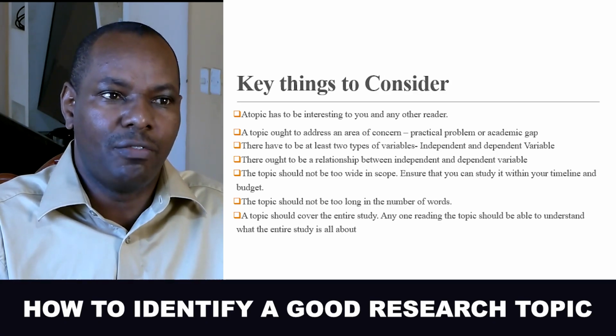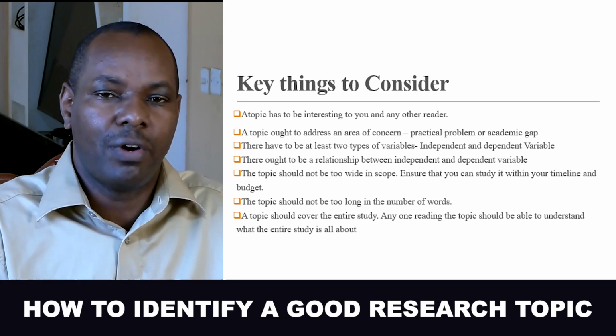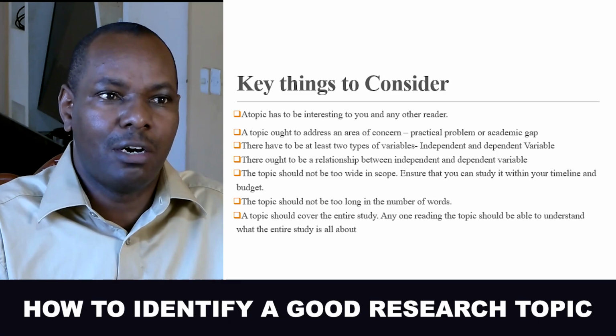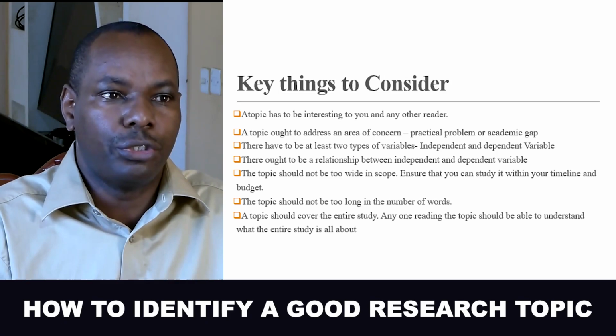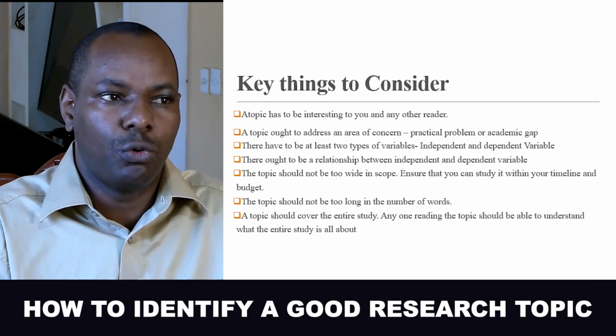There could be other variables like intervening or moderating variables. But for a starter, you need to ensure that you at least have the independent and the dependent variable. There ought to be a relationship, that's what we have said, between the two variables.